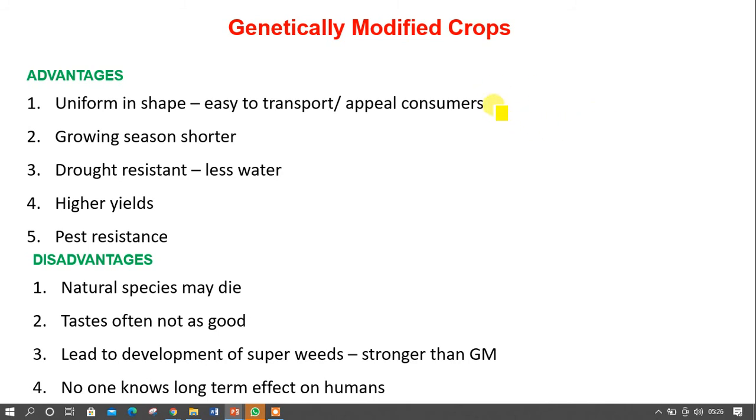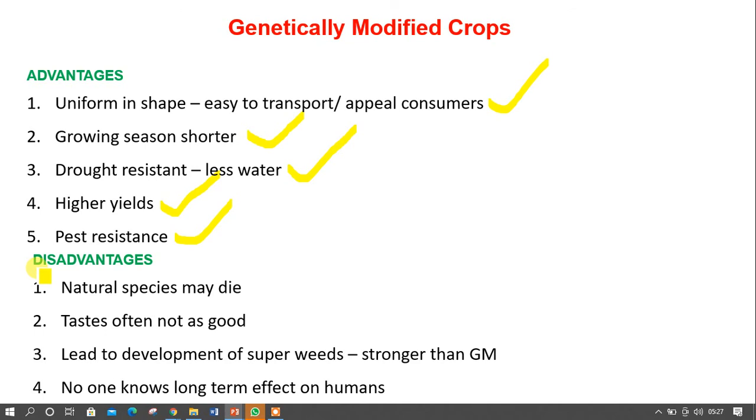They are also uniform in shape, so it's easy to transport, and they appeal to customers because of how beautiful they look. The growing season is usually shorter. They also have the ability to form drought resistant varieties which need less water. It gives higher yield, and is also pest resistant.